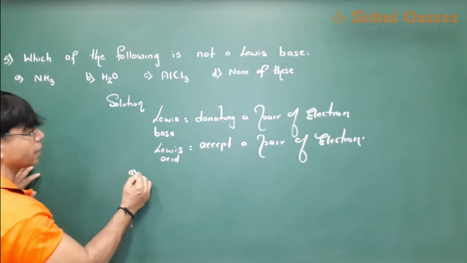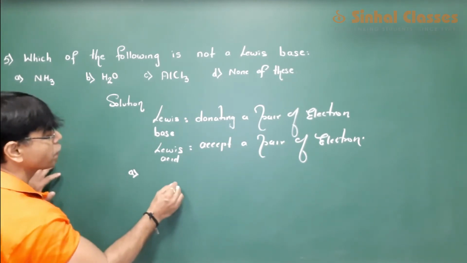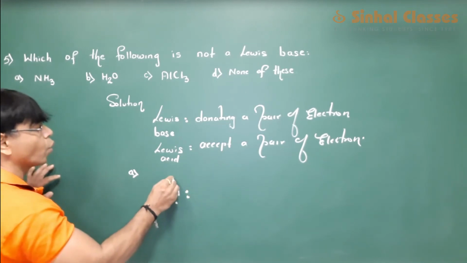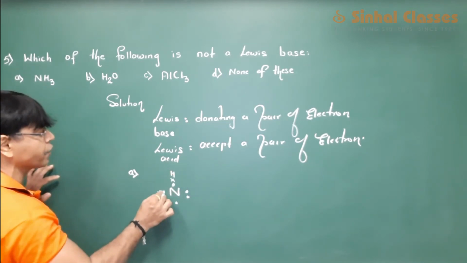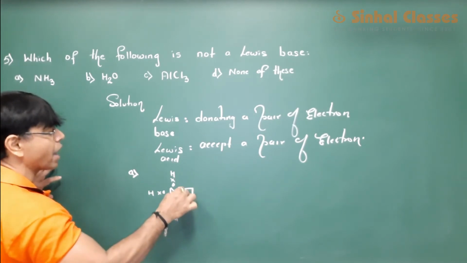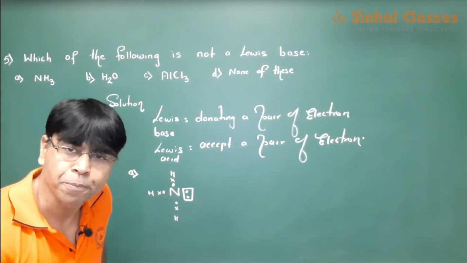So let us take one by one. First option, if I take ammonia, nitrogen has 5 electrons in its outermost shell. 1 electron it is sharing with hydrogen. It has 1 lone pair which it is capable of donating.